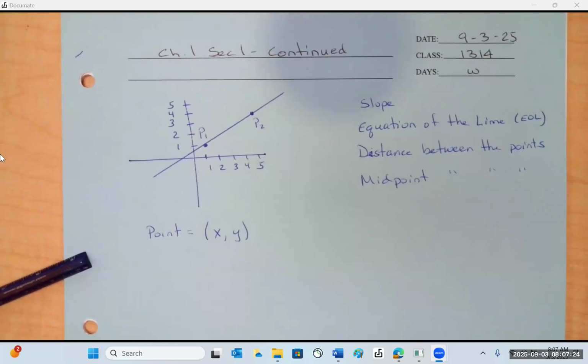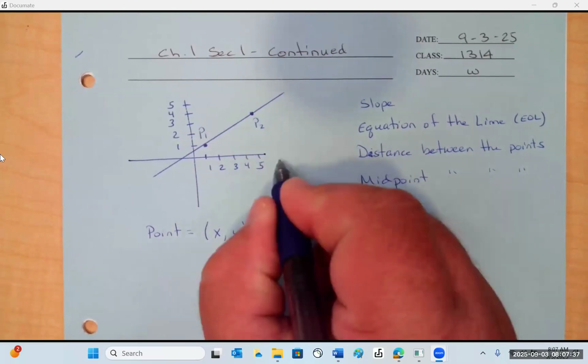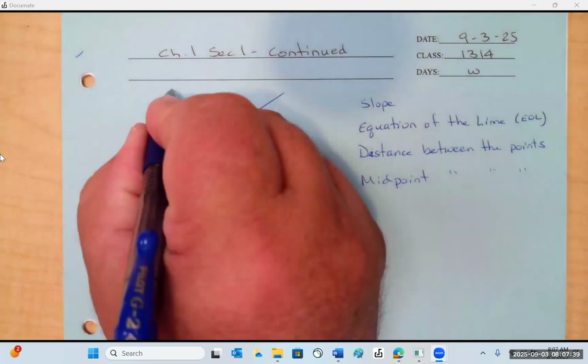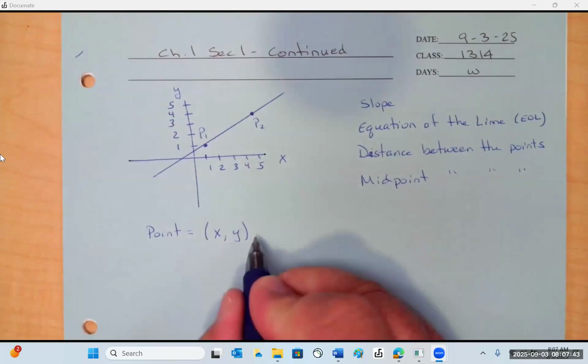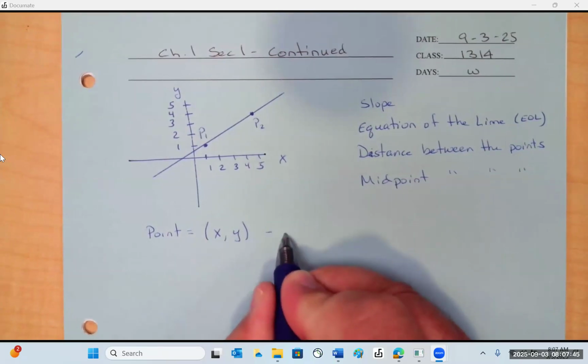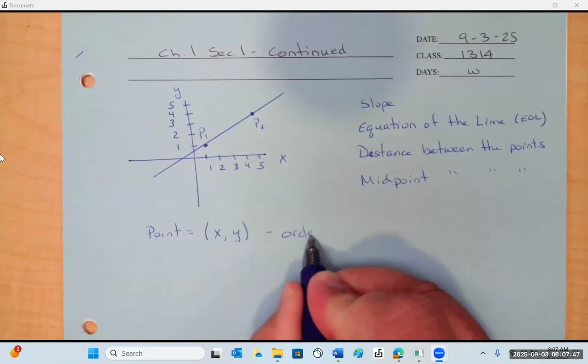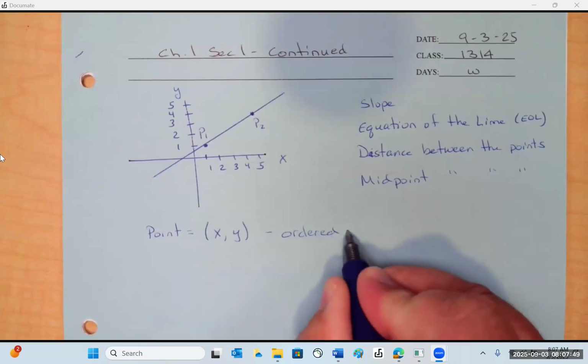You have the X component and the Y component. And it's always, always, always, internationally, it's the same configuration. The X-axis goes first and the Y-axis goes second. You're right. This is called an ordered pair.